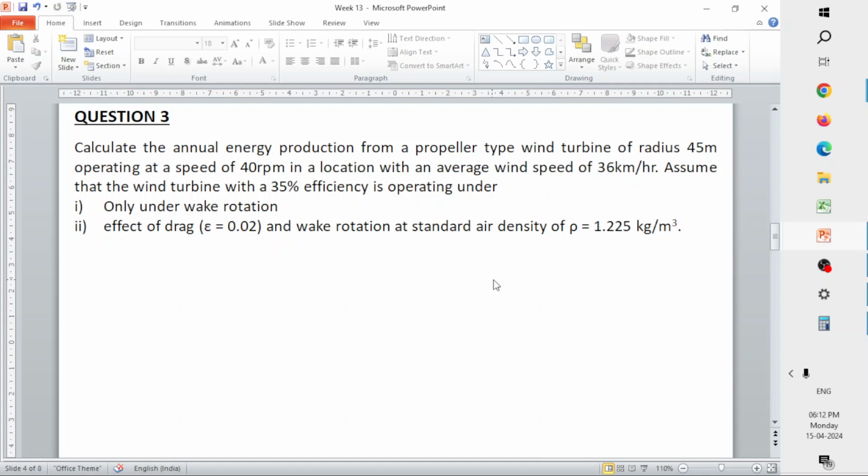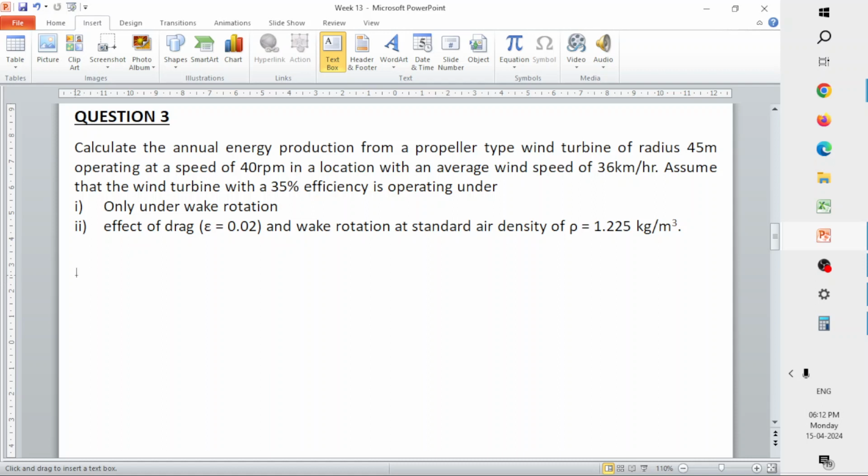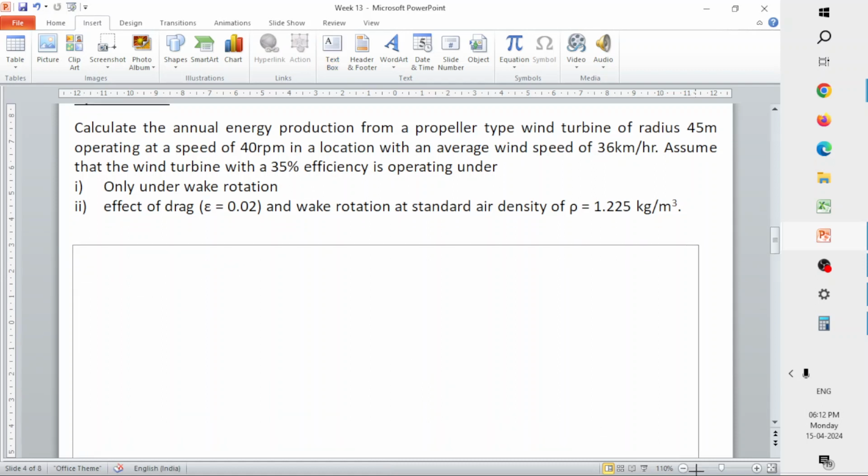So here let me just start solving, because you actually require two correlations to solve this question. Let's just go step by step slowly so that you will be able to understand this question.